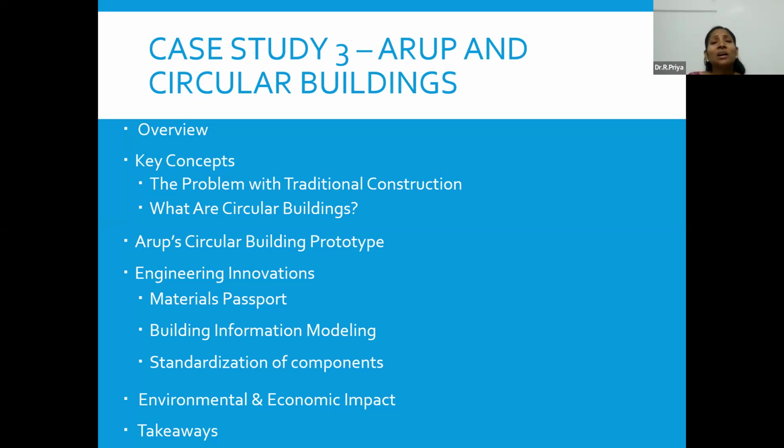Here the Arup Circular Building prototype collaborated with partners like the Built Environment Trust and constructed a fully demountable building, using pre-used steel, wood, insulation and cladding. Then all components were tagged with digital material passports. So these are the things used in the circular building prototype by Arup.